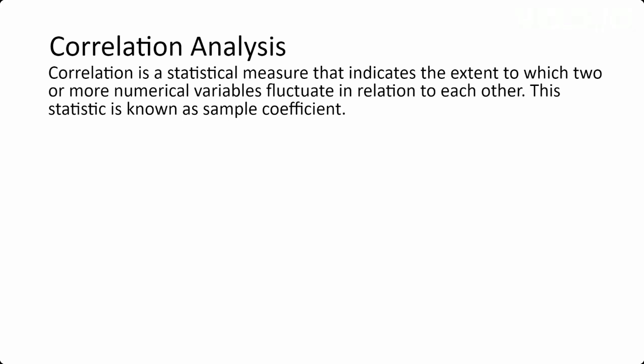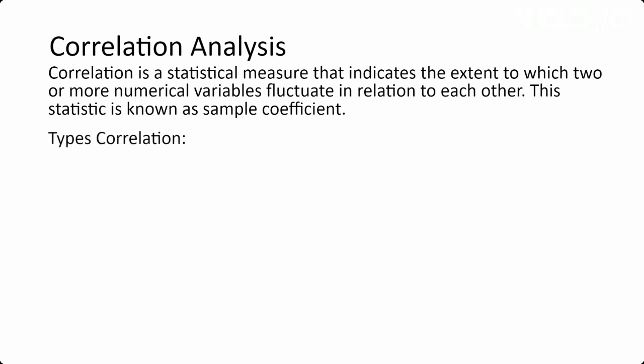This statistical measure is known as the sample coefficient. So you are looking at a particular figure, a coefficient, on how two or more variables relate to each other. I'm not going to give computation or formulas, as I've mentioned, but this is more like an introduction.